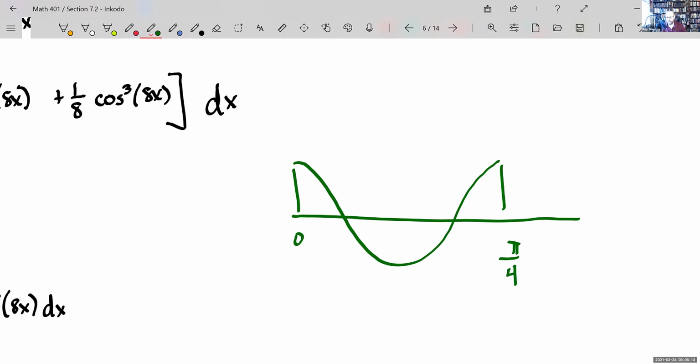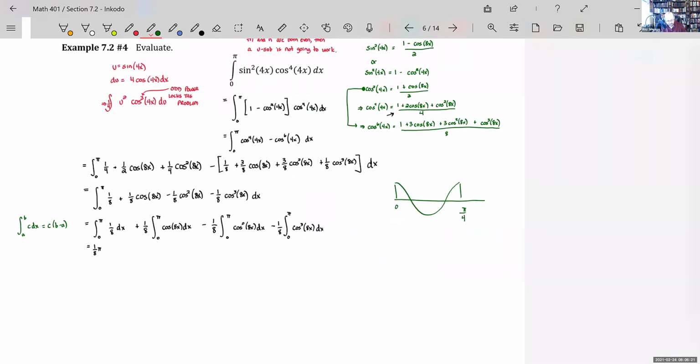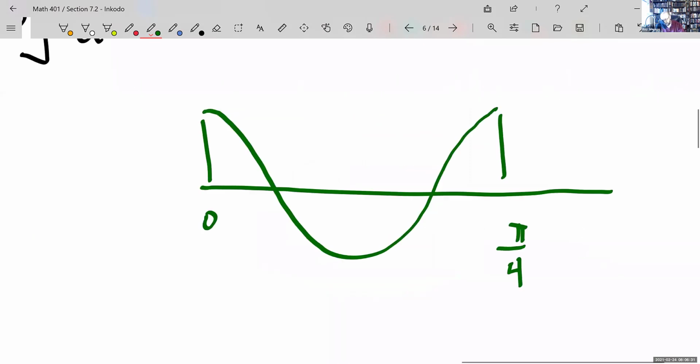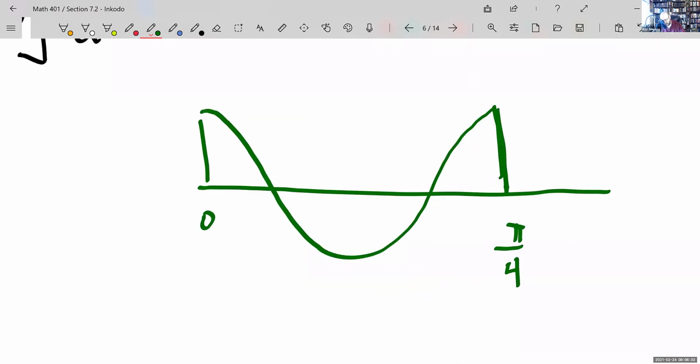Now, imagine that you were to draw this out until you got to pi. You find the area underneath this curve from 0 to pi. Well, somebody tell me right now, if I only found the area underneath the curve from 0 to pi over 4, what is the area underneath this curve from 0 to pi over 4?